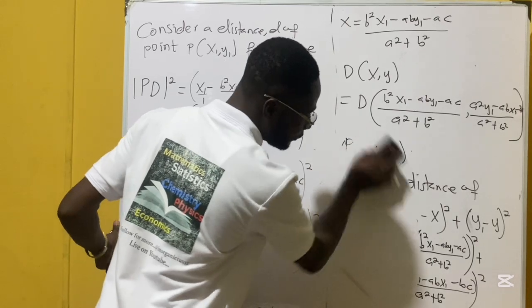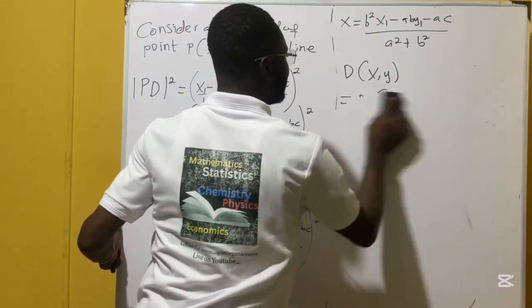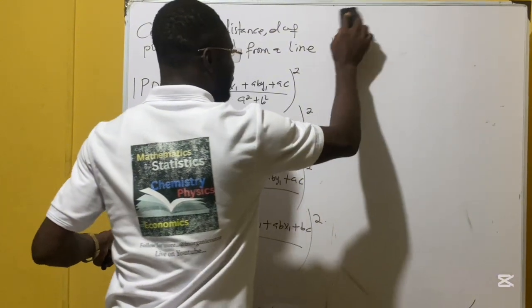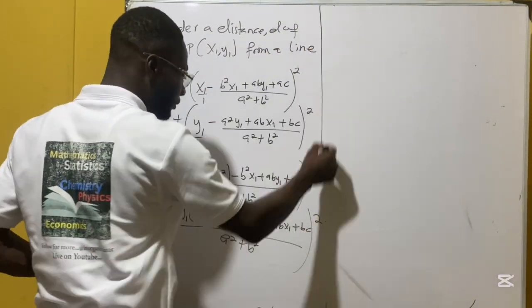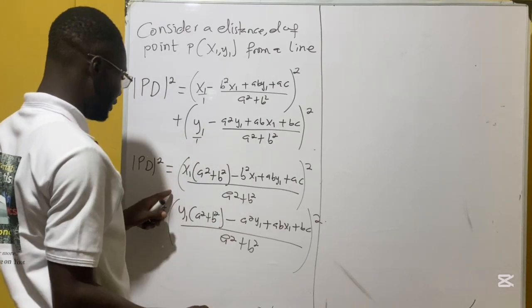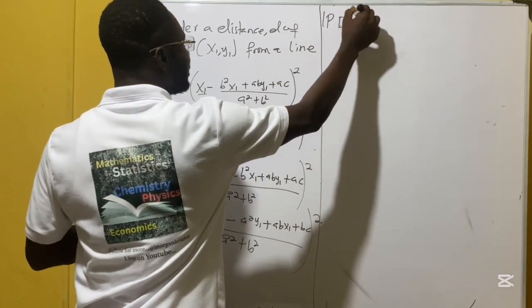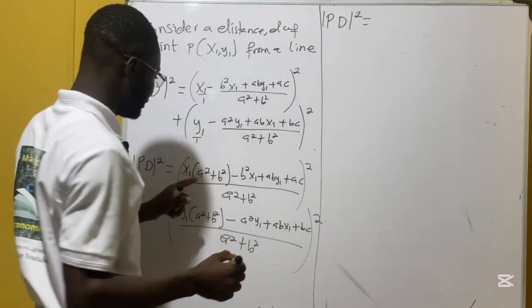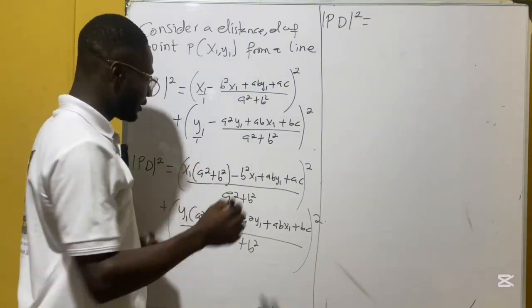So from here, we can see that distance PD is equal to, let's try to spread the x1 through this information.